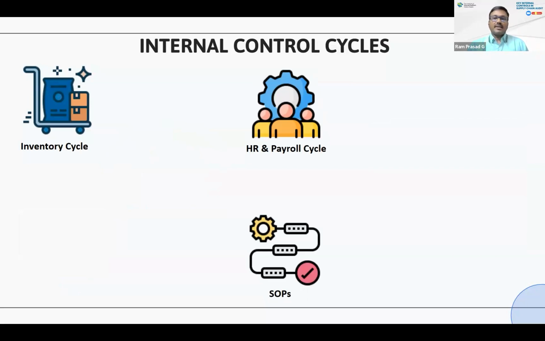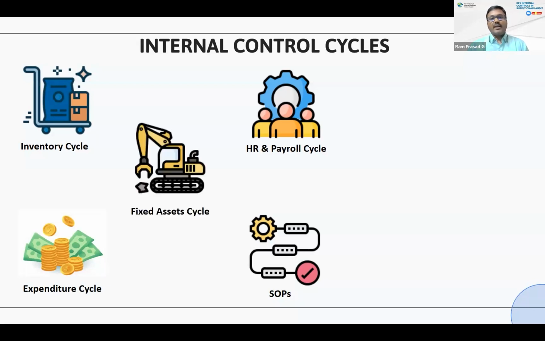For the methods, every organization follows standard operating procedures. So the SOPs are put in for every single process, how it has to be managed, what will be the flow, everything is captured in a SOP. And on the money part, we have something called an expenditure cycle. And the last one, which I was mentioning, is the fixed asset cycle.